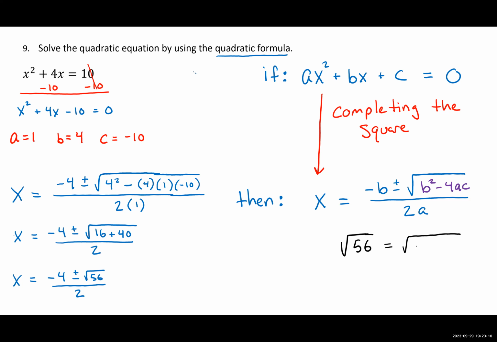I think that is 4 times something, right? 4 times 14 should be 56. So the number 56 contains a perfect square, right? It's 4 times something. So we could write that as the square root of 4 times the square root of 14.